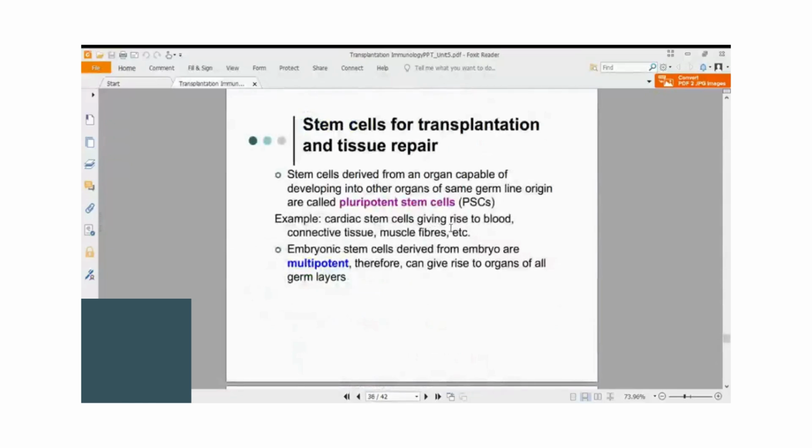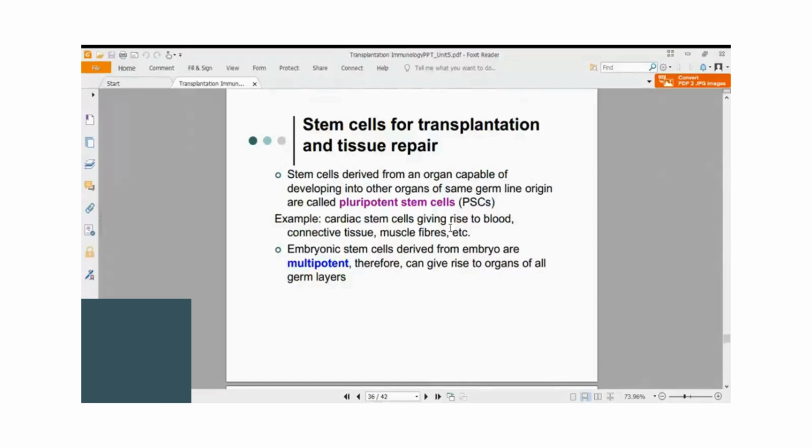You can classify the stem cells into germline stem cells, or you can classify the stem cells into adult tissue stem cells. The germline stem cells are the ones which have multiple potency. Okay, the germline stem cells will have multiple potency, and they are generally totipotent.